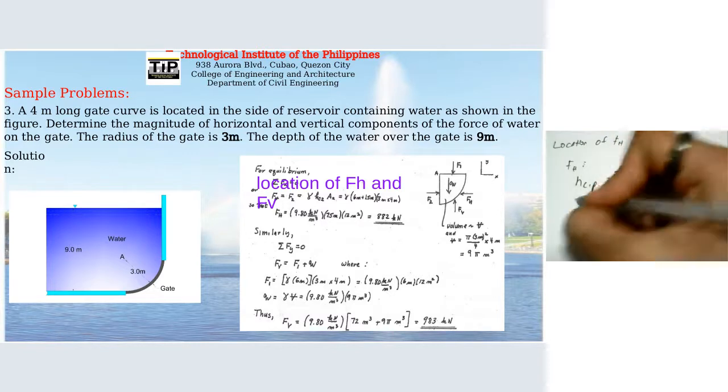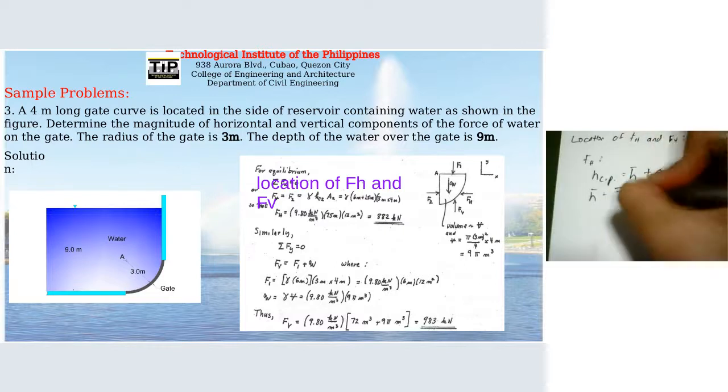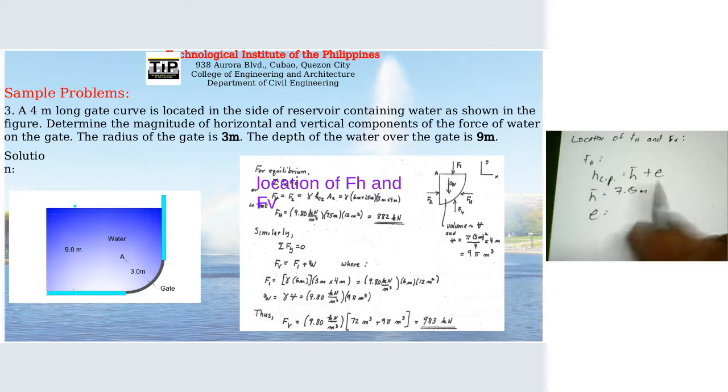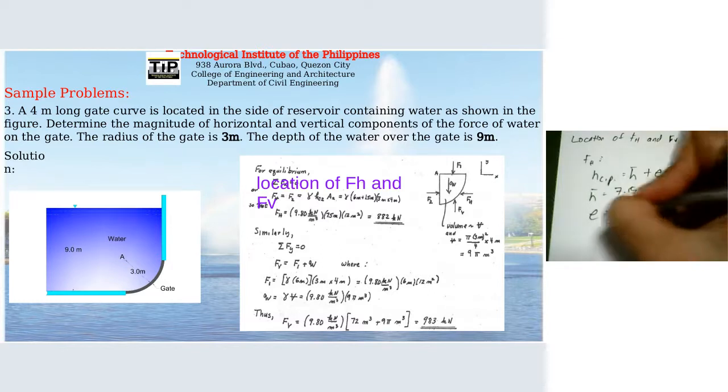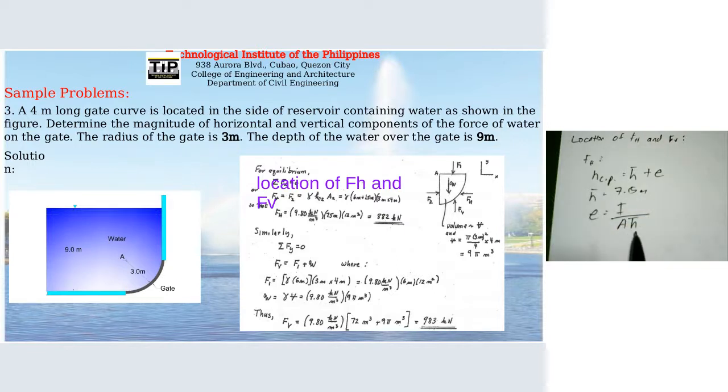Okay? So h bar natin, we already have that. It's 7.5 meters. We just have to compute the eccentricity.